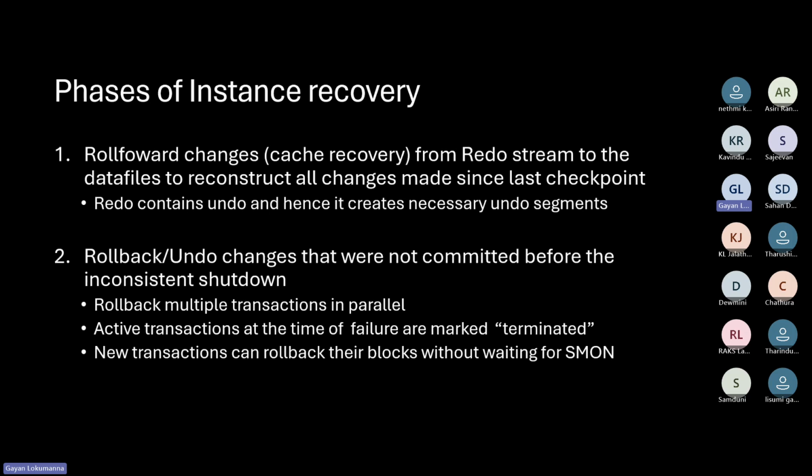Now, that update had gone in, but maybe before it got committed, or maybe after it was committed, but before it got transferred to the data files, a failure had occurred. If you read it from the redo, the redo will give us the old value, the new value, and the location. That information is enough to regenerate the transaction. So what Oracle does is talk to the redo streams, reconstruct the same transaction, and apply it back to the database.